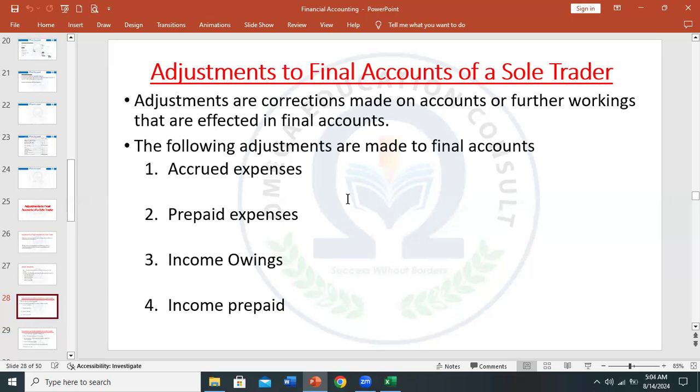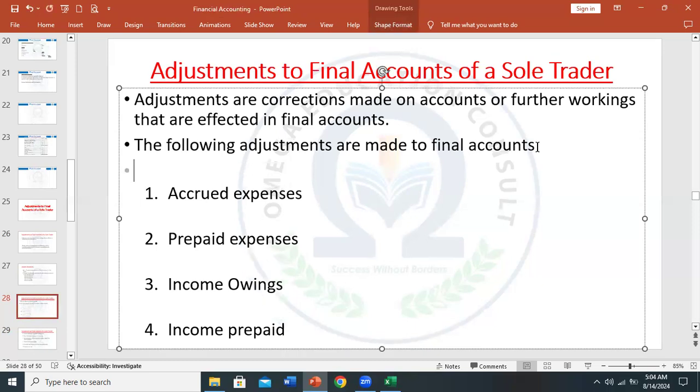Expenses owings or expenses accrued. Please let's note that in accounting, when you see the word accrued, which is from the word accrual, it refers to owings, which means that there is some outstanding or it is due for payment, or what you commonly used to know as arrears, or you can also say unpaid.